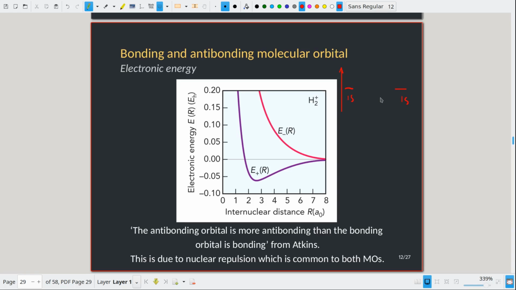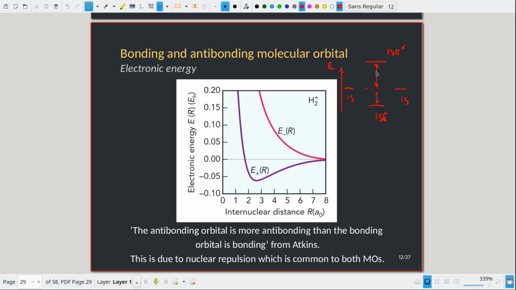If I was to place the two molecular orbitals on these axes for energy, I would have the antibonding orbital here, 1s sigma star, and this is the bonding orbital, 1s sigma, and this distance here is slightly less than the energy difference between the state of the two separate atoms and the antibonding orbital.